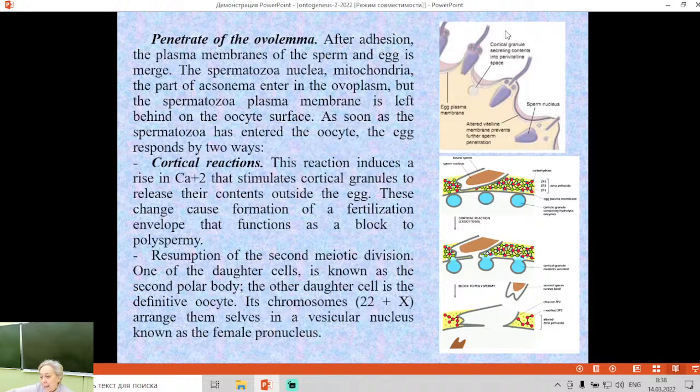That is, when the spermatozoon penetrates the zona pellucida and goes to the oocyte, the second meiotic division occurs, and the secondary oocyte divides into two daughter cells, the polar body and the egg. The chromosomes, for human 22 plus X, arrange themselves in a vesicular nucleus known as the female pronucleus.